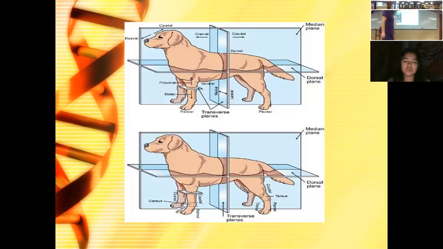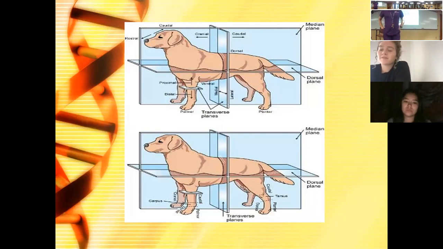Here we had our planes. All right, so Miss Huff, yes. If a cat or a dog has a superficial cut on the plantar side of the foot, how would you write that in a chart? Would it just be that? Yeah, absolutely.